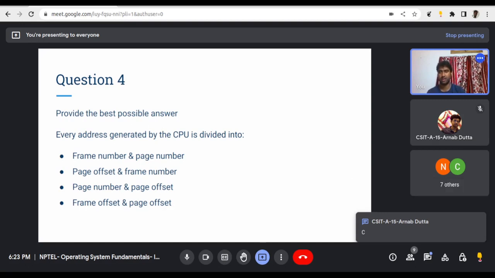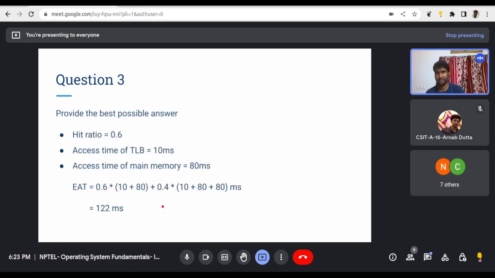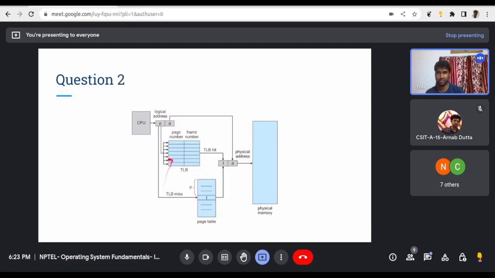So as I was saying, the addresses that are generated by the CPU are the logical addresses, right? So what are the two parts of the logical address? That is the answer to this question. If I go back to the diagram here, this is the logical address right here.